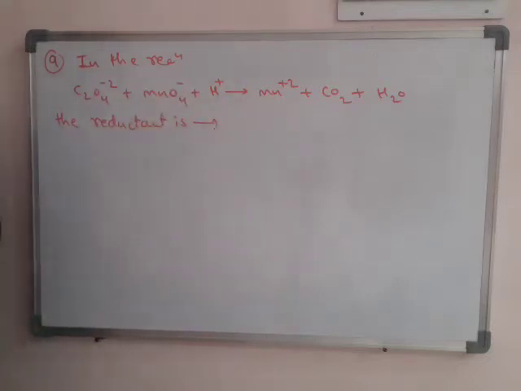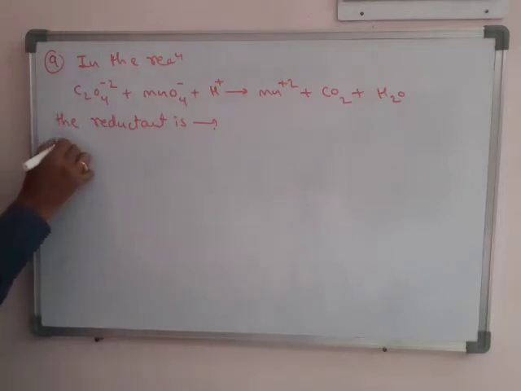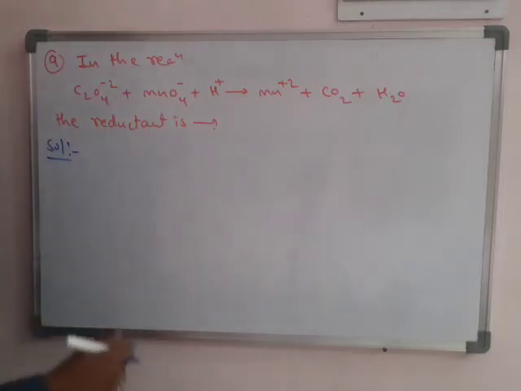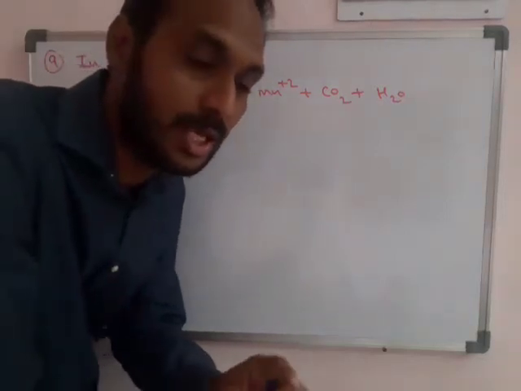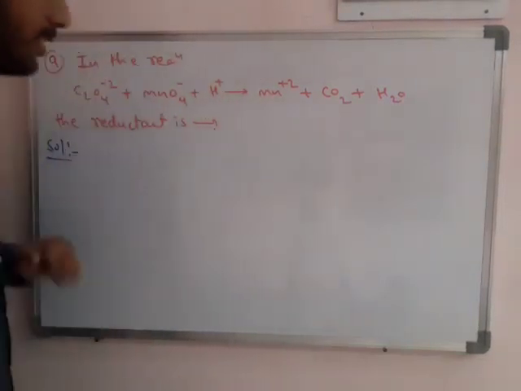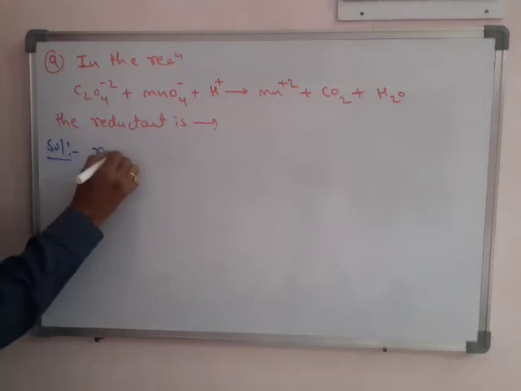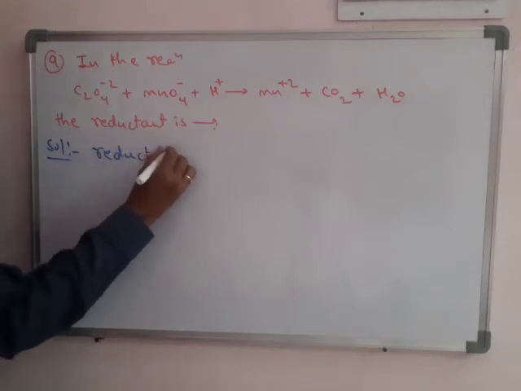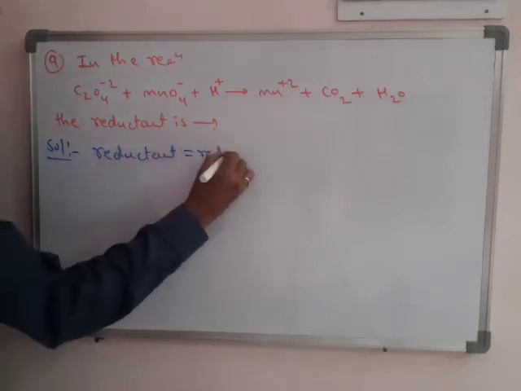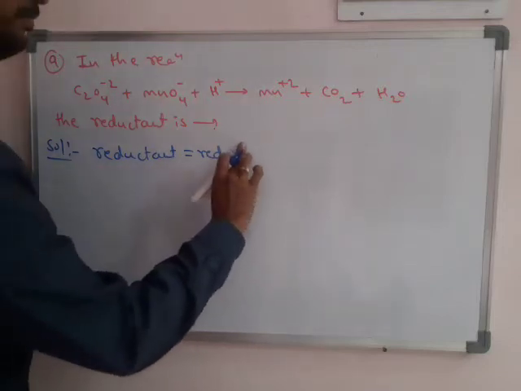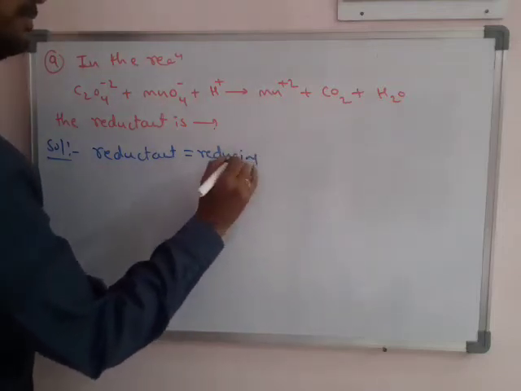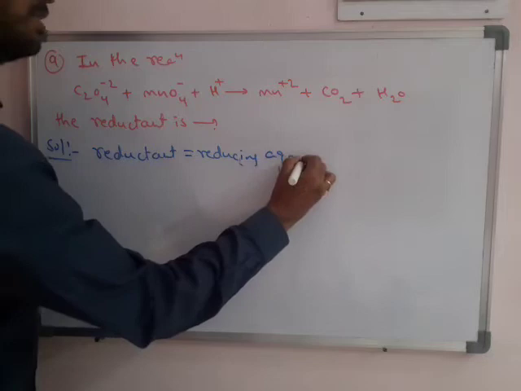So looks very simple. So reductant means which reduces the other compounds. Which reduces the other compound means we have to find the reducing agent. So first we have to know what is the meaning. Reductant is nothing but equal to reducing agent.